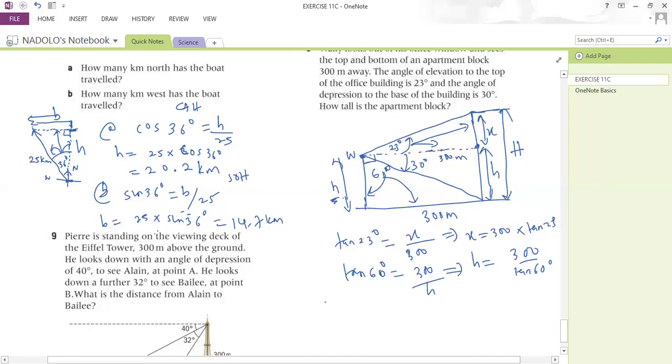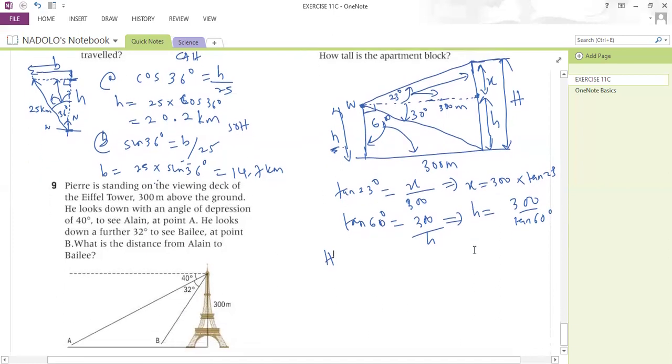Okay, so remember, for us to get the overall H, we will need to add small h plus X. That means small h is 300 divided by tan 60 degrees plus 300 times tan 23 degrees.